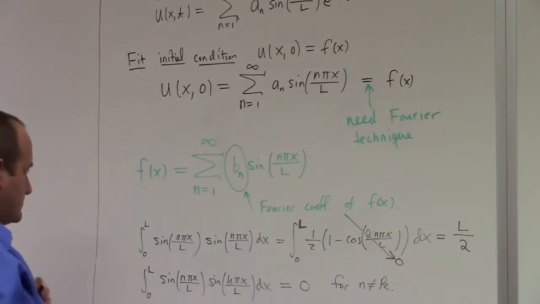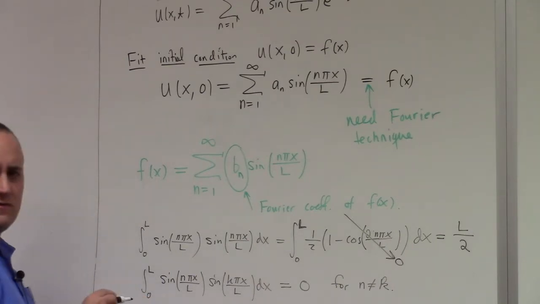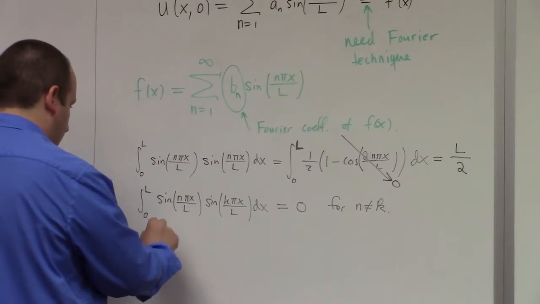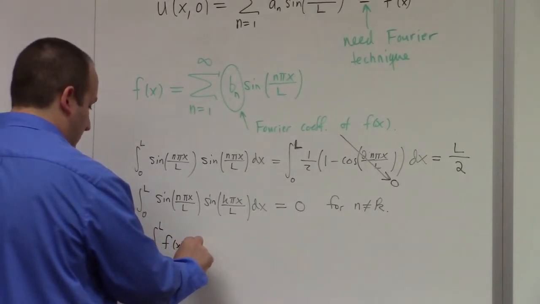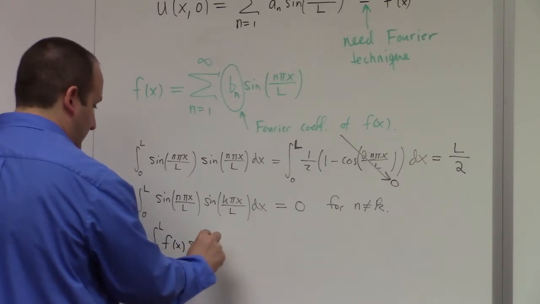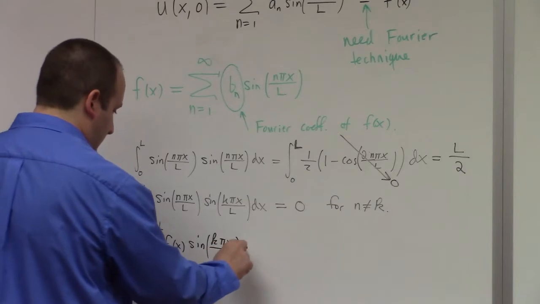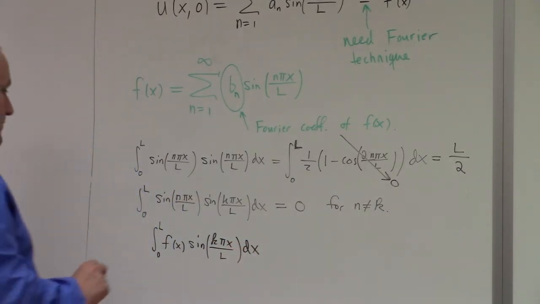So if I integrate from 0 to L of f of x times the sine of k pi x over L dx, what do I get?